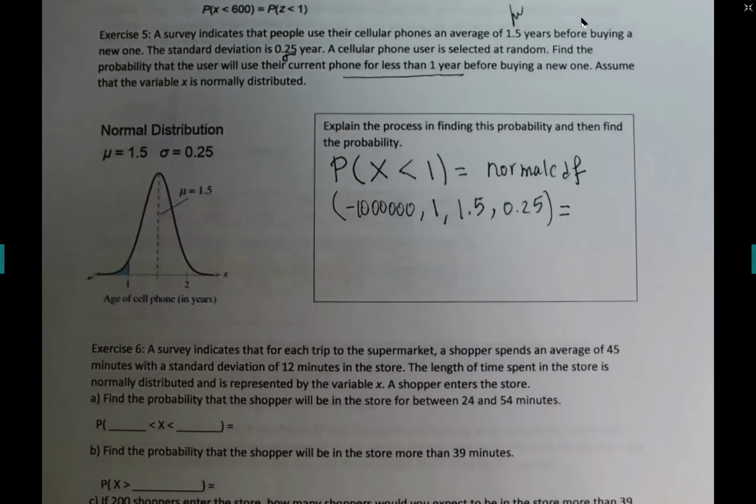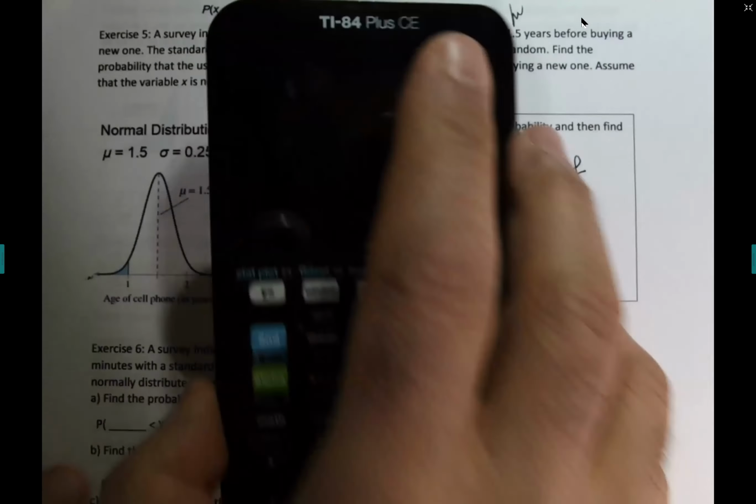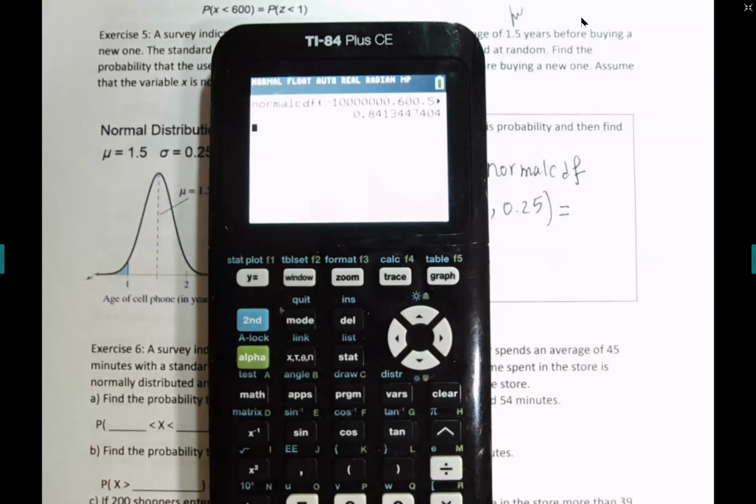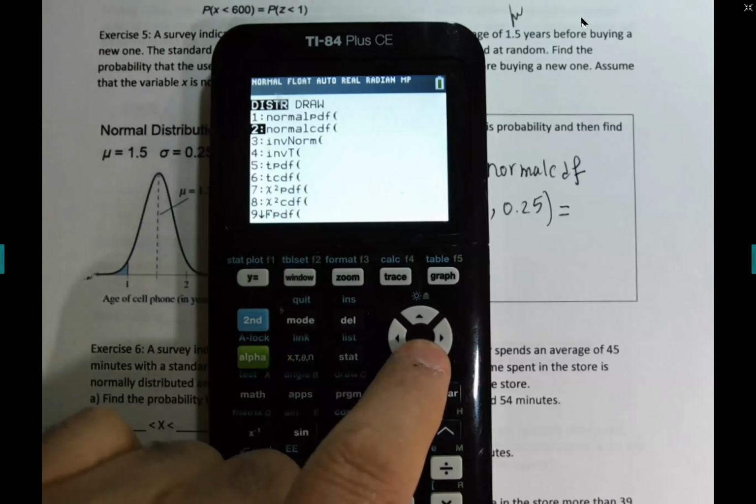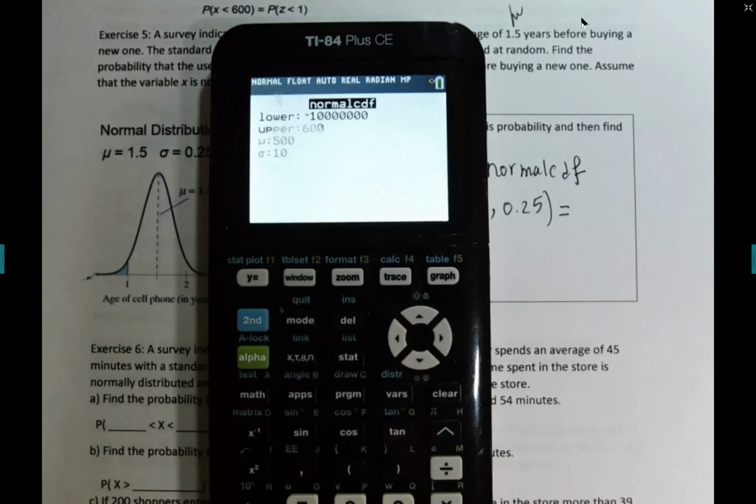I'm curious to know. I did this example before, but I forgot what the answer was. So we're going to go second, distribute, normal CDF. Again, we don't use normal PDF, CDF only. Negative a million or 10 million here, then 1, then the mean is 1.5.